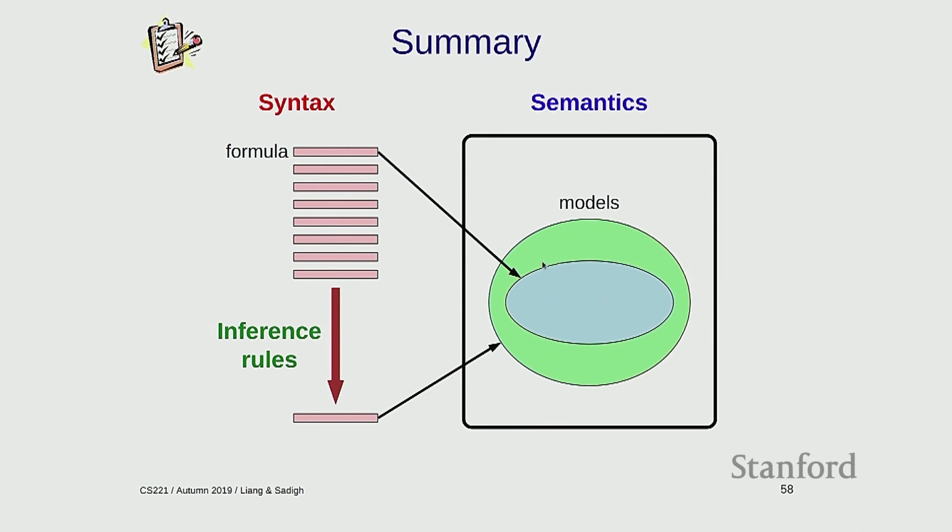A formula denotes the set of models which are true under that formula. This is given by the interpretation function. Then we looked at entailment, contradiction, and contingency, which are relations between a knowledge base and a new formula that you might pick up. You can either do a satisfiability check or model checking, which tests for satisfiability to solve that, or you can do things in syntax land by operating directly on inference rules.